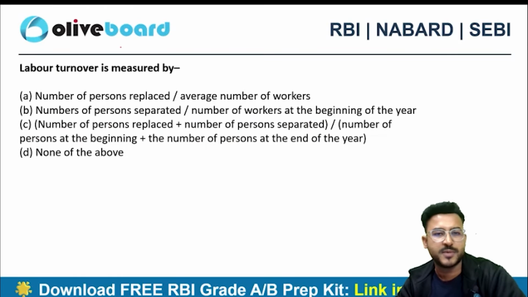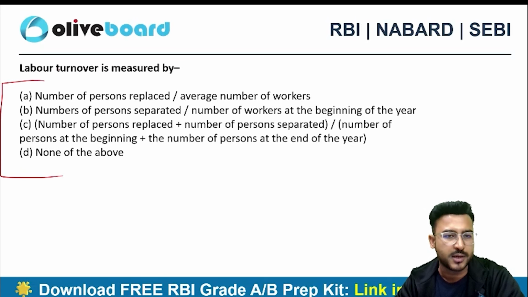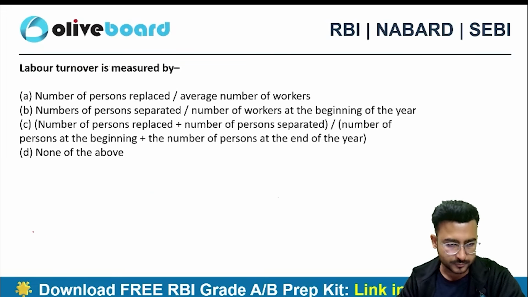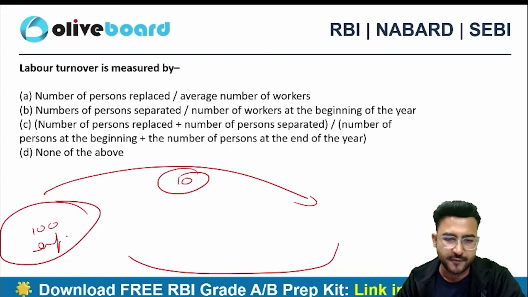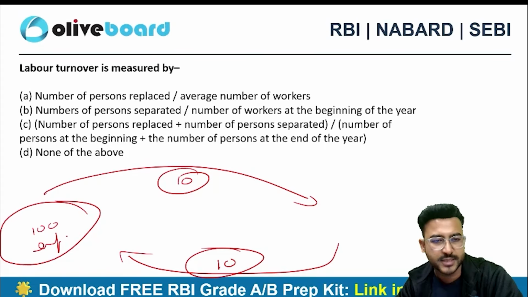Labor turnover is measured by, so they have given us some of the formulas which are related to labor turnover. Now, what is the meaning of labor turnover? Let's suppose I have 100 employees in my organization. 10 employees left the organization. Now I have to fill again the vacancy of these 10 by some new employees, right?